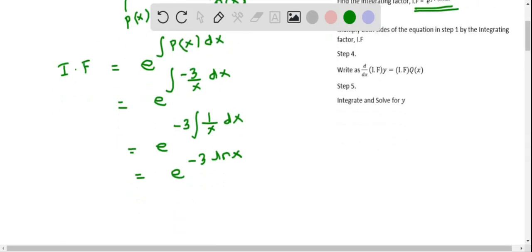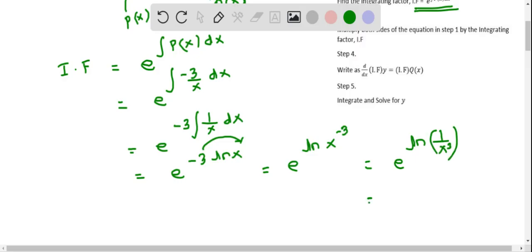We can rewrite this using the properties of logarithm, that is this 3 will get raised to the power of x. So therefore this becomes e raised to the power of natural logarithm of x raised to the power of minus 3, which can be written as 1 by x power 3.